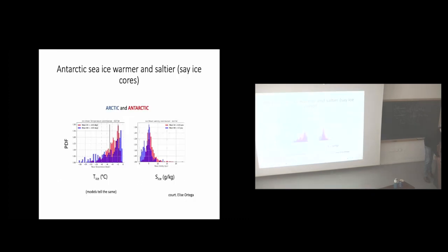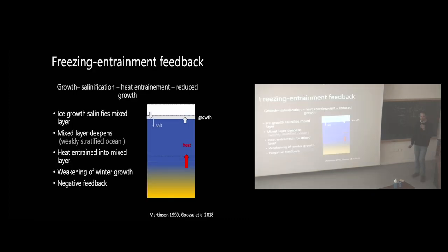Another particularity of the Southern Ocean sea ice is that you have really strong interactions between the sea ice and the stratification below. And I think we are not fully able to describe things precisely, but in many papers already you have mention of these freezing entrainment feedbacks, and that dates back to the works of Doug Martinson in the 1990s, reshuffled by Hugos recently over the last decade.